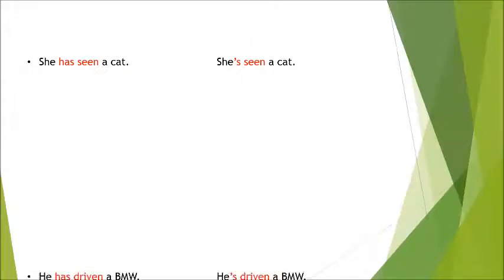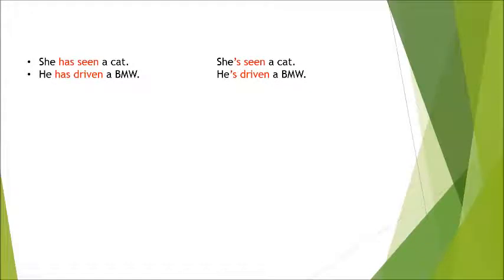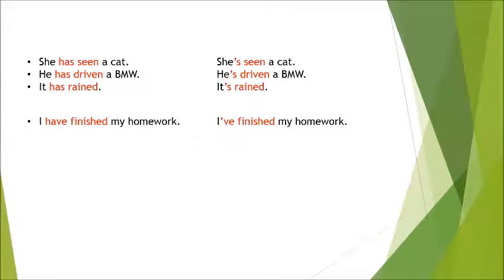Look at the contractions. She has seen a cat. She's seen a cat. He has driven a BMW. He's driven a BMW. It has rained. It's rained. I have finished my homework. I've finished my homework.